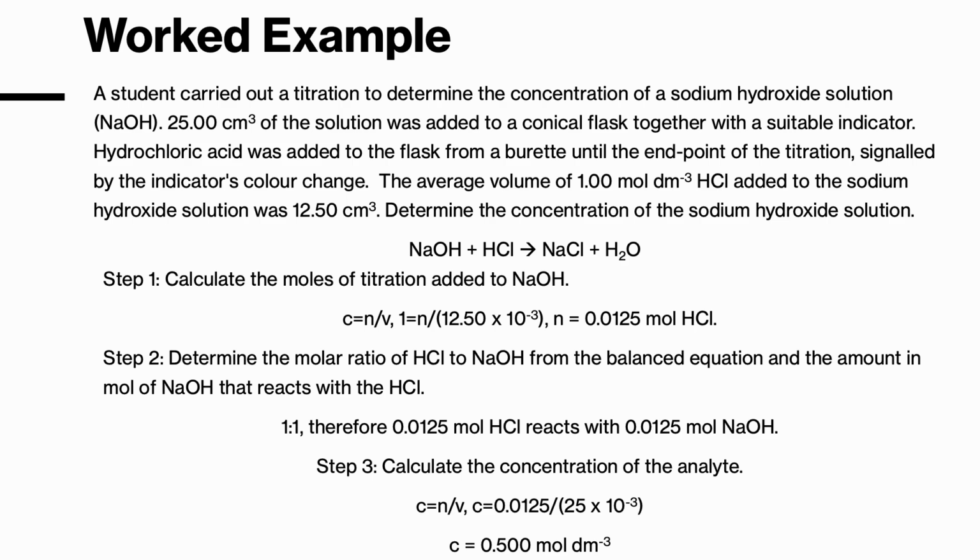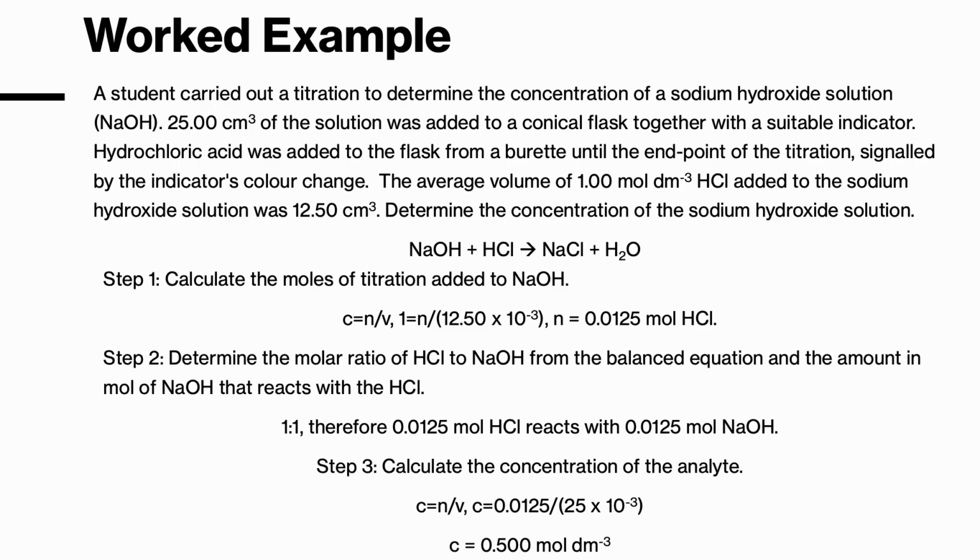So the first step is to calculate the moles of the titrant added to NaOH. So we need to use concentration equals moles divided by volume. And we know that the concentration is 1 and that the volume was 12.5 centimeters cubed. So that gives us a moles of 0.0125 of HCl.